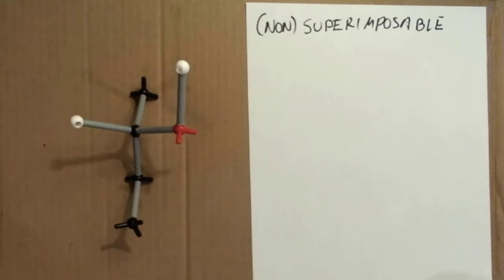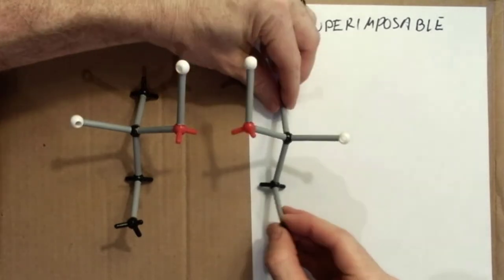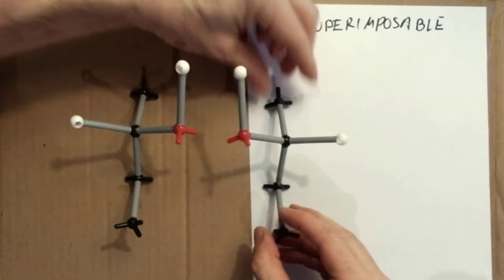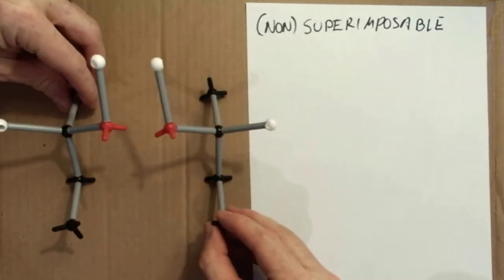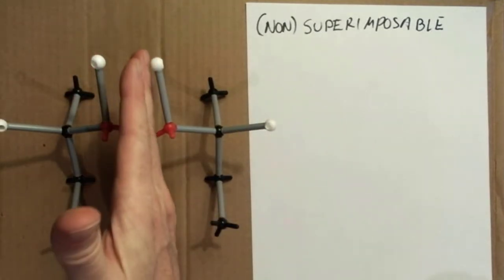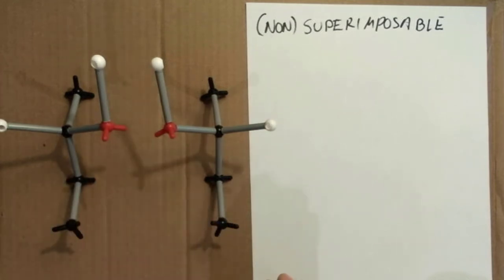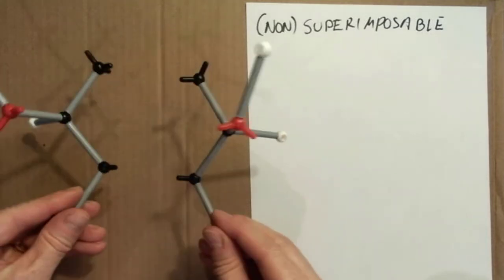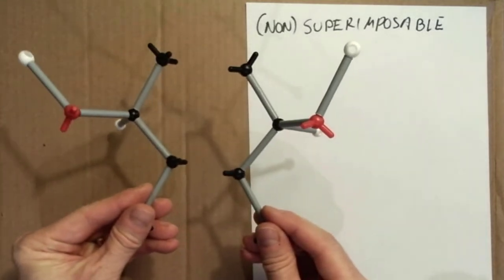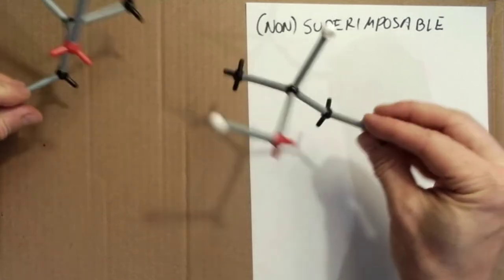Or you may have built the mirror image. And so this is a model of the mirror image of 2-butanol, of the first one that we built. And notice that the mirror would be right here. So everything mirrors. So they are mirror images of each other. And there's a number of different ways you can visualize that. You could imagine looking at each other in the mirror.